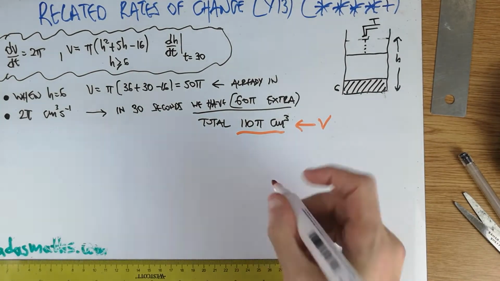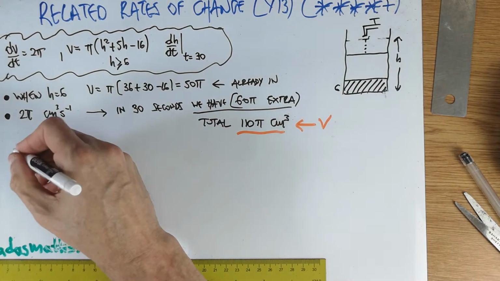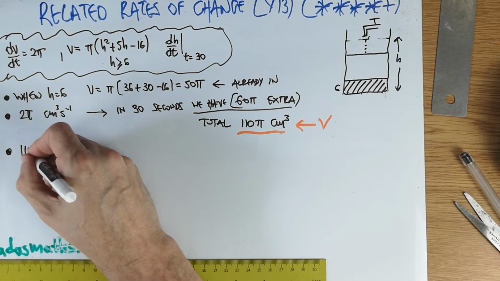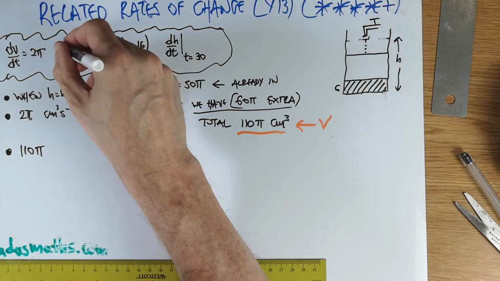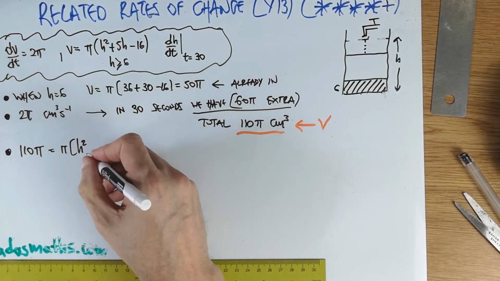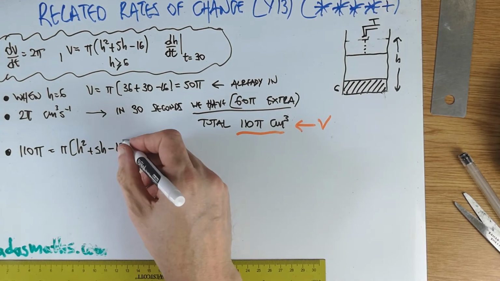If I plug it in now, let's write it in black: 110 pi, that's the V, is equal to pi times h squared plus 5h minus 16.